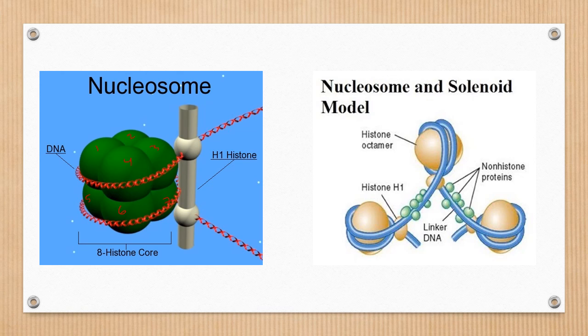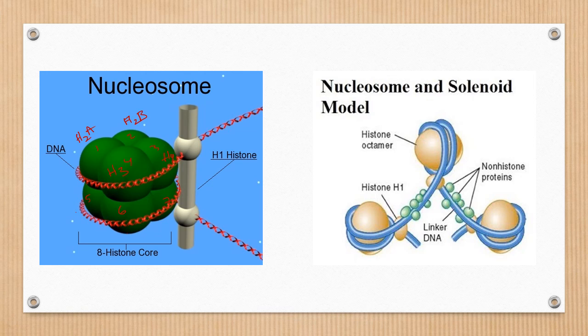So in this one is H2A, H2B, this is H3 and H4. These are the 4 molecules present, each one in 2 copies. Again here also H2A, this is H3, this is H4, and H2B below that, the second one. So a total of 8 histone molecules form a histone octamer.